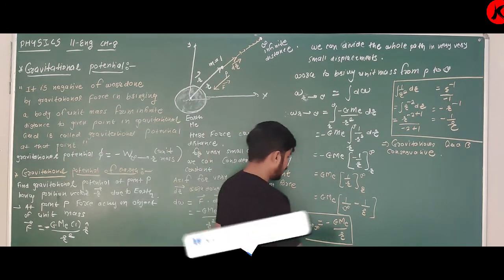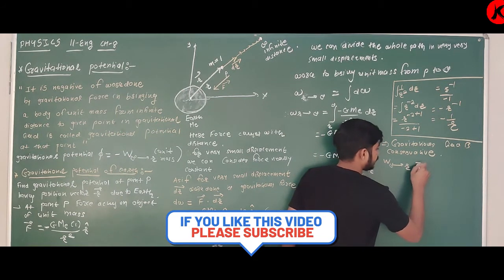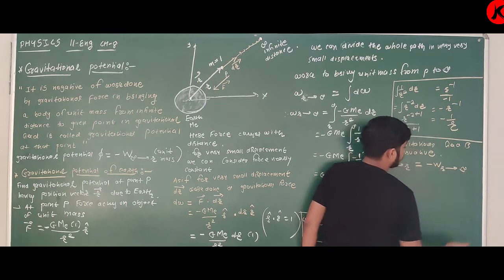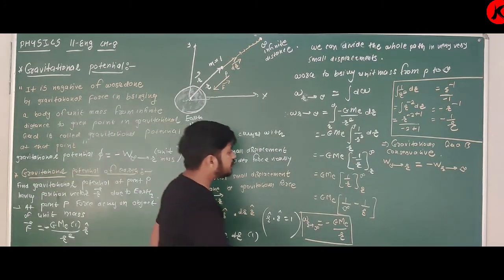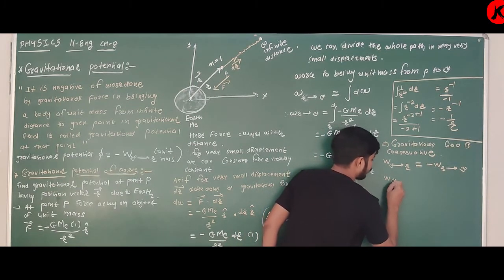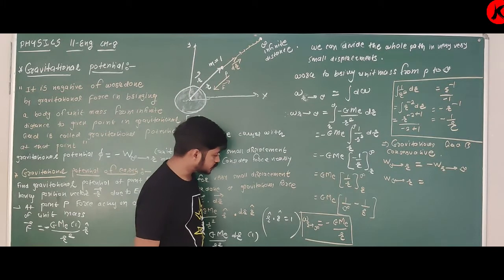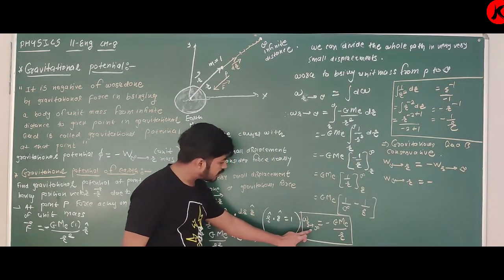So I can write that W infinite to R is equal to minus W R to infinite. What is W R to infinite?